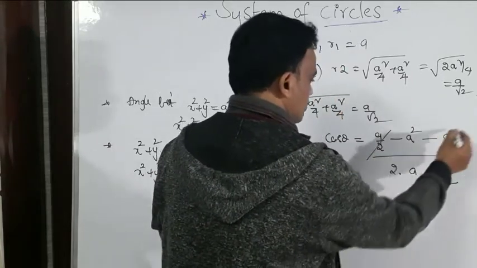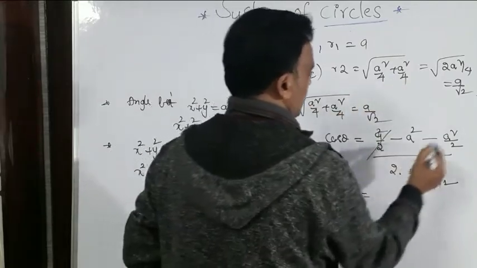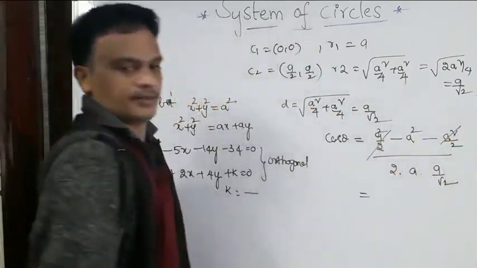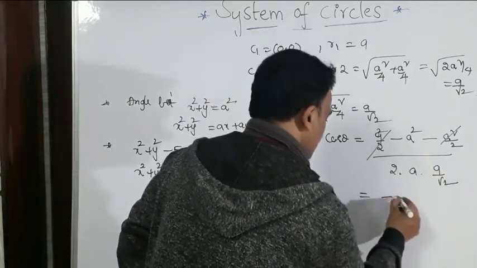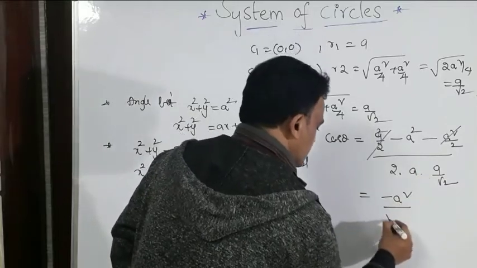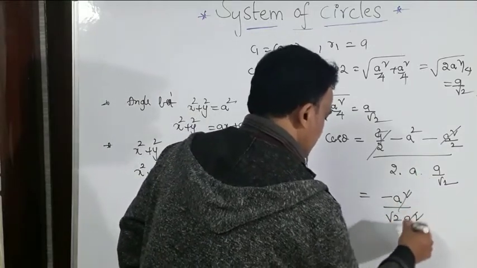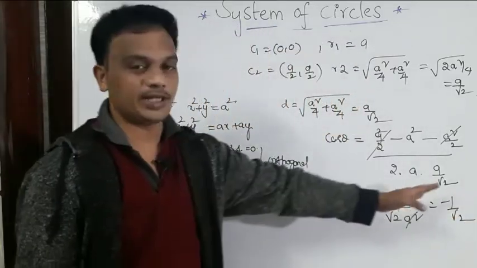Okay, a square by 2, sorry, this is the d square value, a square by 2. So, these two get cancelled. And it is minus a square by 2 in the numerator, and in the denominator it is root 2 times a square. Root 2 times a square gets cancelled, which gives minus 1 by root 2. Cos theta is minus 1 by root 2.